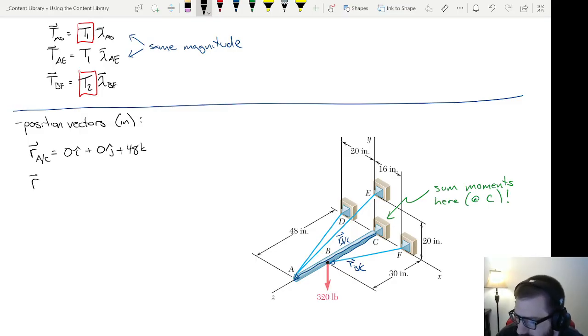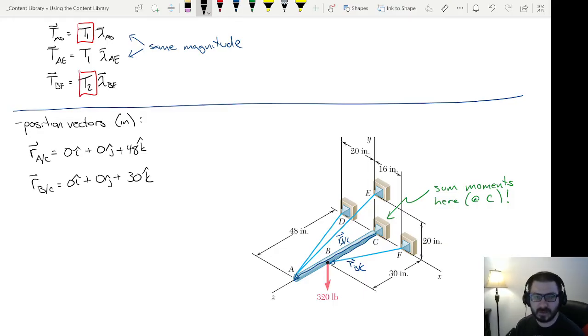And then R to B is going to be 0i plus 0j plus 30k. Okay, and I forgot a hat right there. So the cross products are hopefully going to be really simple and straightforward.